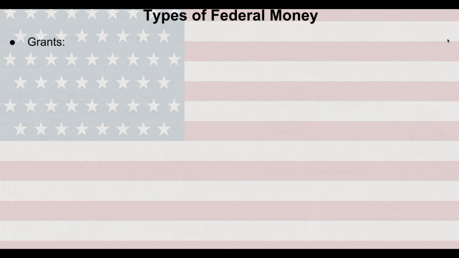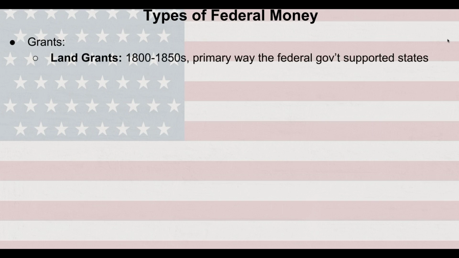So there's a number of different types of grants that are going to be given from the federal government to the state governments and local governments to carry out some national objectives. And one of the first types of grants that are going to be utilized are going to be land grants. And it's going to be the primary way that the federal government supported states in the first half of the 19th century.